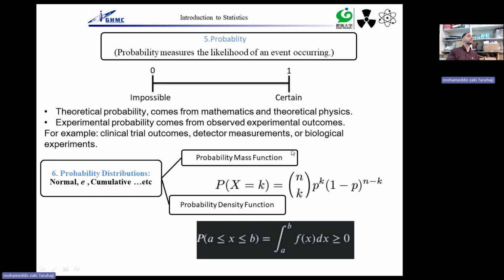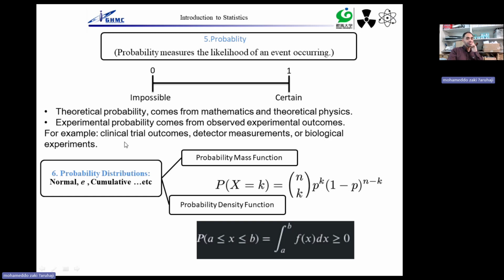The other is experimental probability. That's what we all use in our research, because we all do some kind of experiment, for example a detector measurement, biological experiment, or clinical trial. It doesn't matter, but we all use this one.